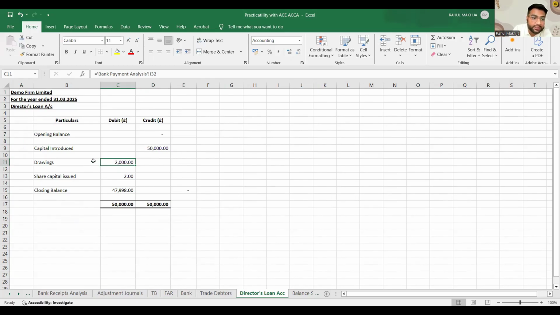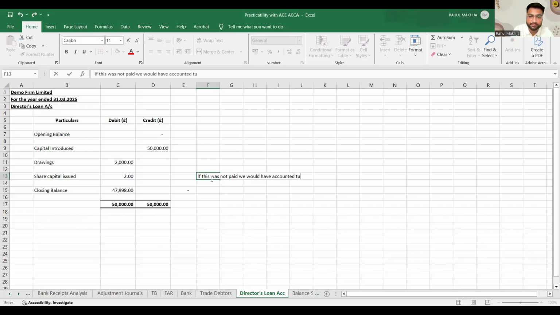So there are drawings made by Harsh, and here we have issued share capital through DLA. If this was not paid, we would have accounted for this through other debtors instead of the director's loan account. This is a crucial part which you need to remember.